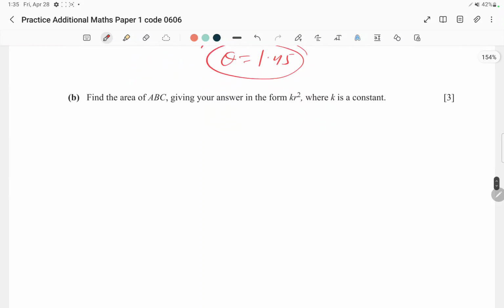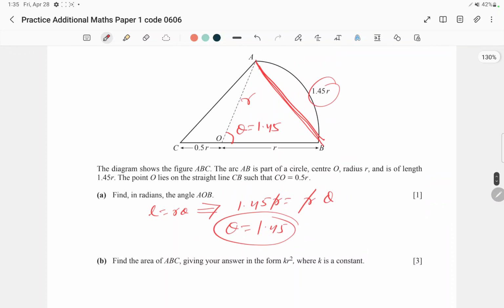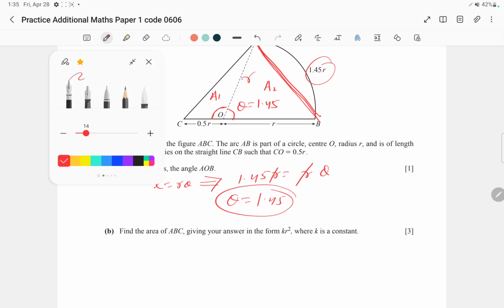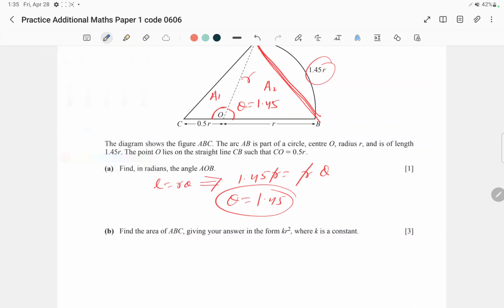How many marks? 3 marks, so I can use it. So guys, suppose this is triangle 1 and this is triangle 2. What about this angle? This total is pi, so we need to subtract from pi. Pi minus 1.45 is, what I got, 1.69. This is 1.69.